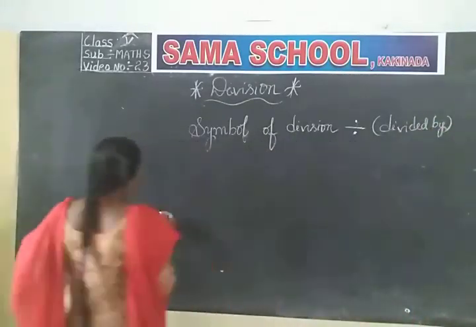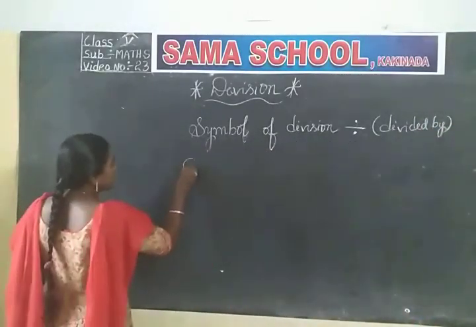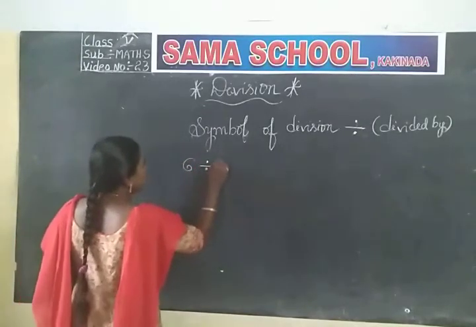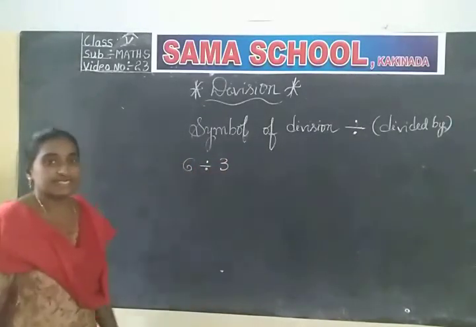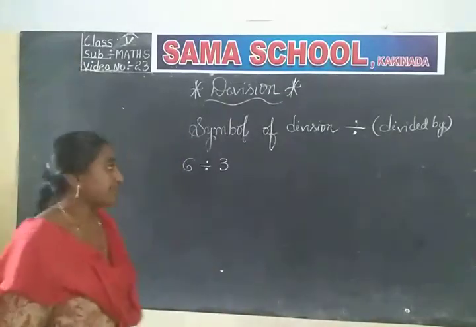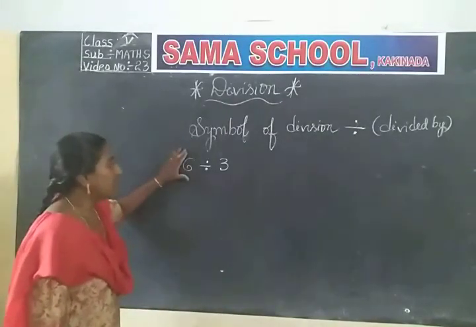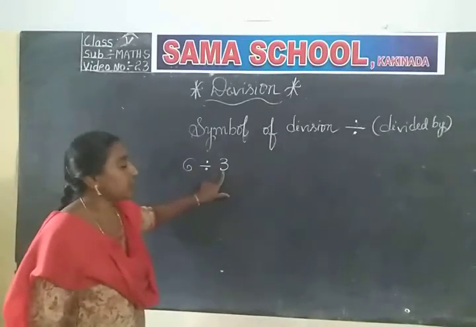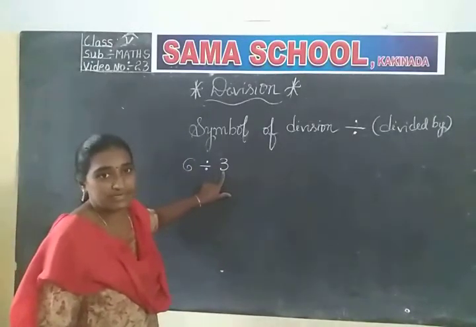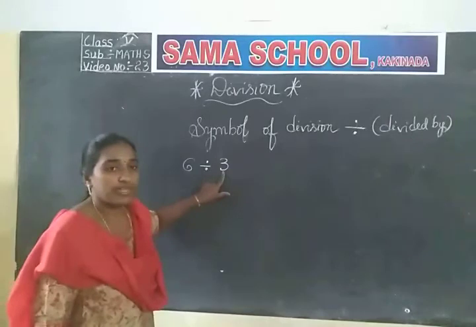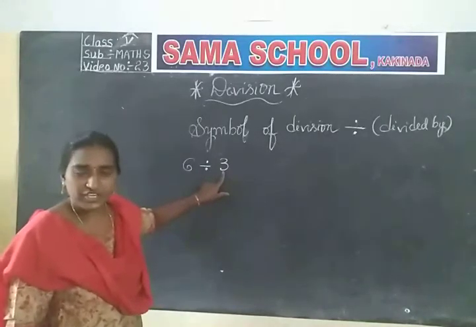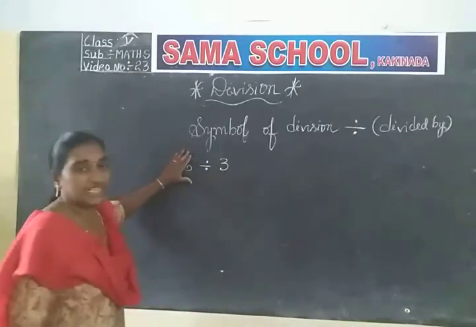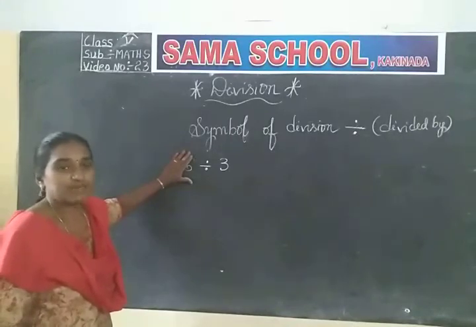So, I will give you a simple division here. 6 divided by 3. That means here we have 6 items and we have to share them among 3 groups. Did you understand? 6 items are there.